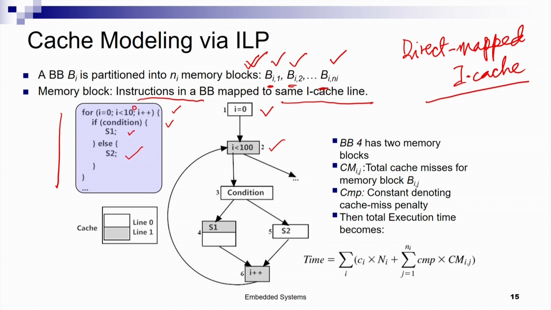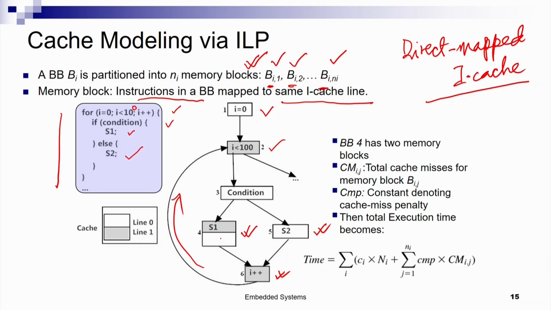Then I have a condition. If this condition is true, I go to basic block 4, otherwise I go to basic block 5, we come to basic block 6, and this loop continues. So, basic block 1 is i equals 0, basic block 2 is i less than 100, and this condition is basic block 3.